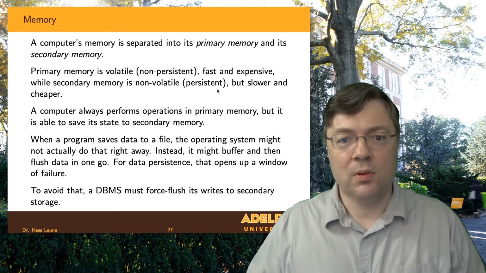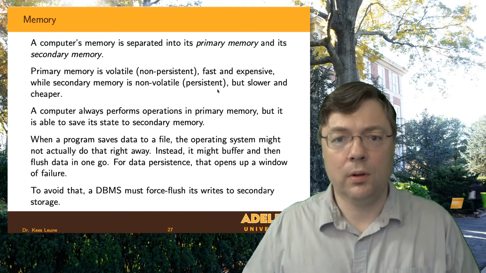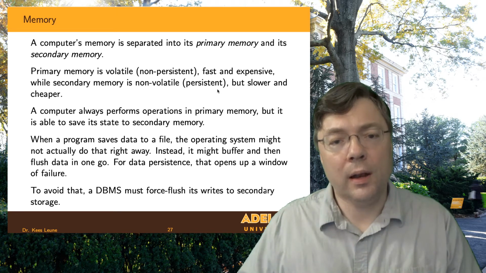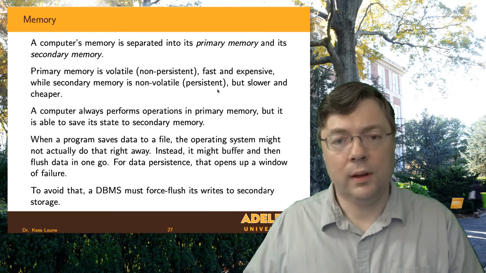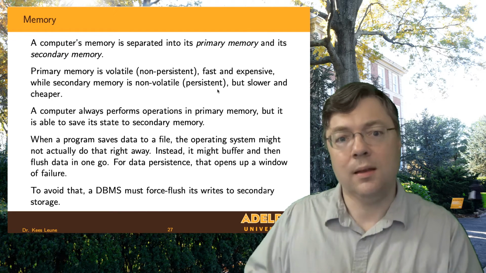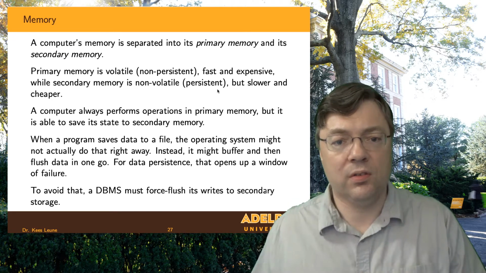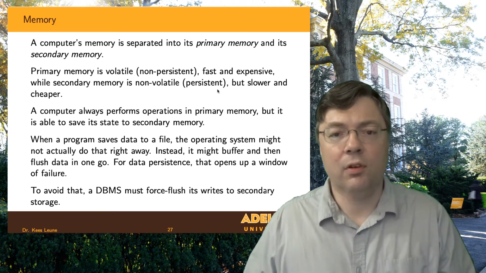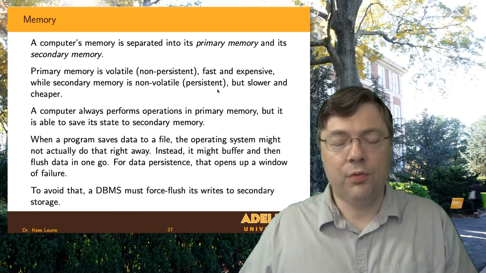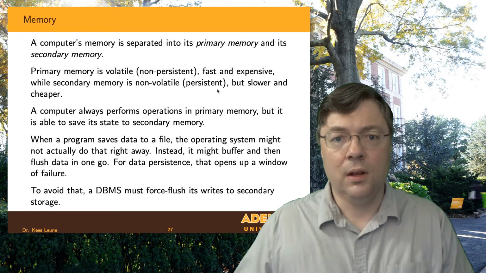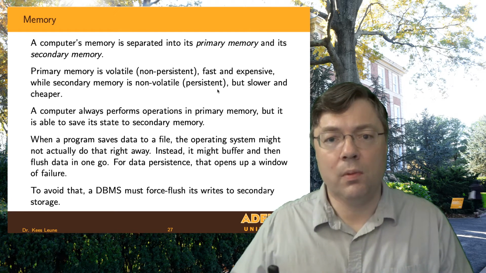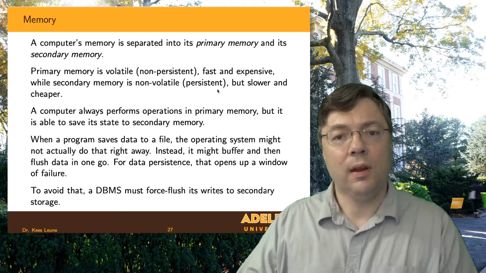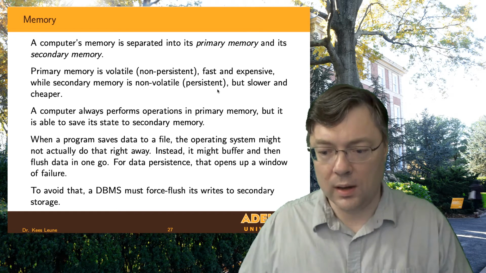So the database management system must have a mechanism built into it to synchronize between primary and secondary memories. The operating system does that too, to an extent, but operating systems might delay writing from memory to disk for optimization. In a database management system, we don't have the luxury; we can't wait. So we have to find a mechanism in our DBMS to ensure that things we write to primary memory are also recoverable even if they haven't been flushed to secondary memory yet.